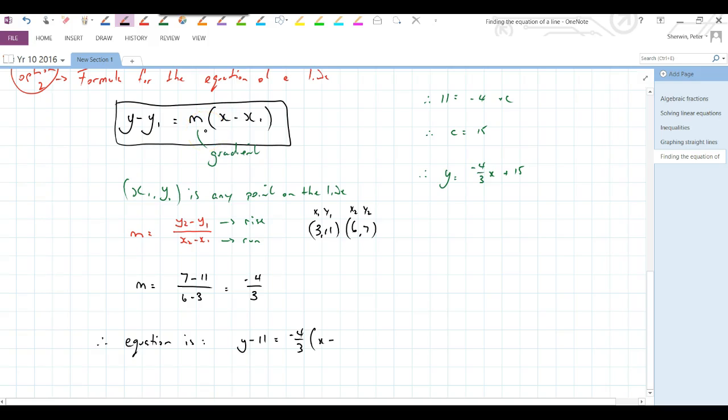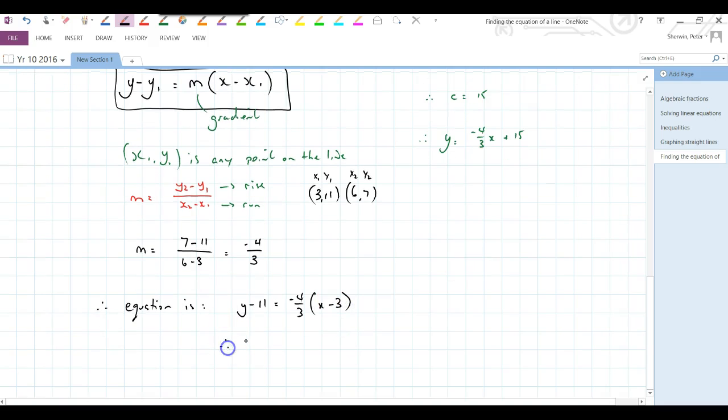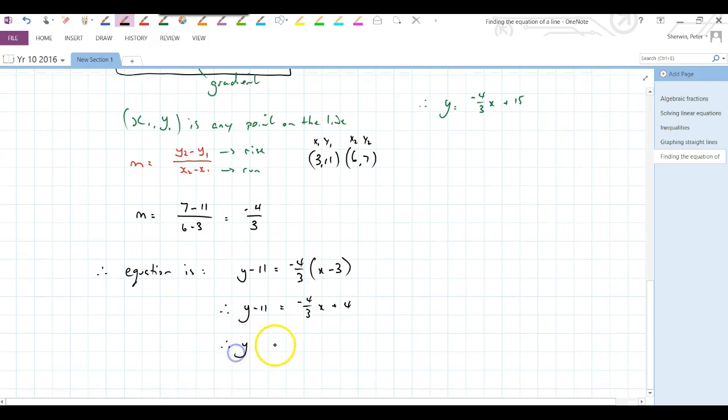They're part of the bones of the equation. Now, therefore, y minus 11, if we expand this out, that's minus 4 over 3x. And this minus 4/3 times minus 3, the 3's cancel, so we're left with plus 4. Now, our last job is to add the 11, so minus 4/3 x, 4 plus 11 is 15.